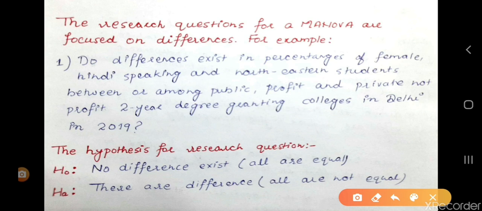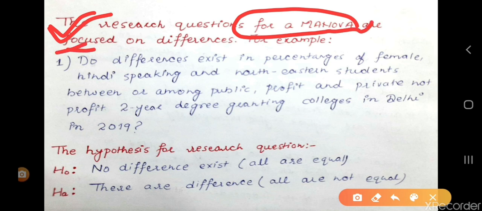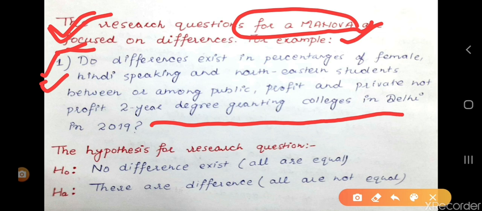The research question based on ANOVA is focused on differences, meaning differences of variance. Suppose in this example, the question is: do differences exist in the percentage of female, Hindi speaking and northeastern students between or among public, for-profit and private not-for-profit two-year degree granting colleges in Delhi?